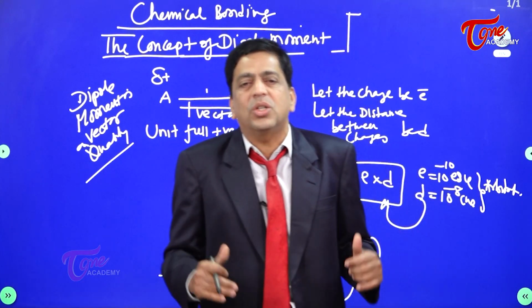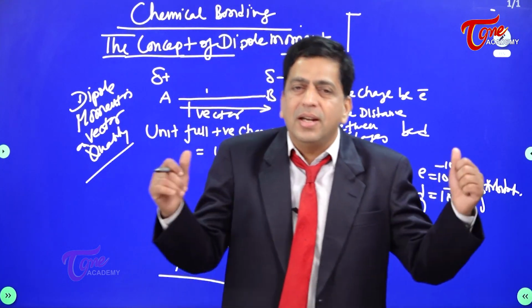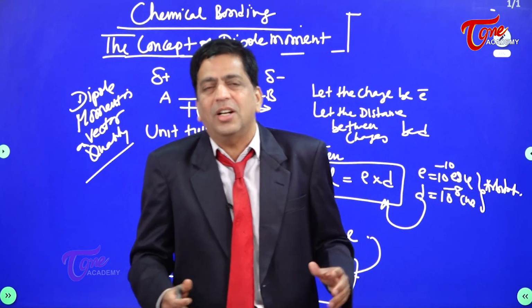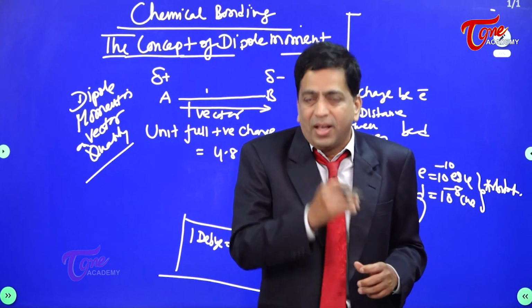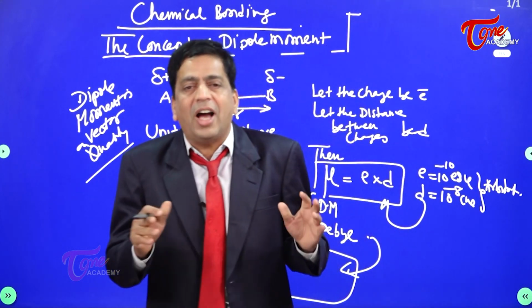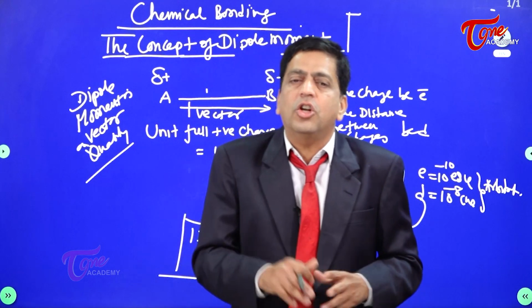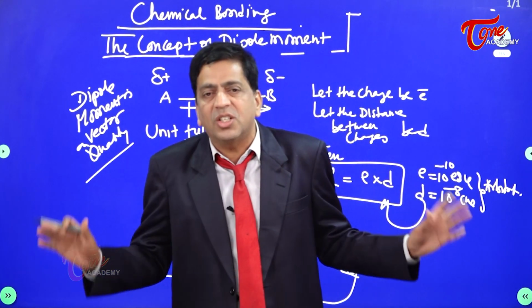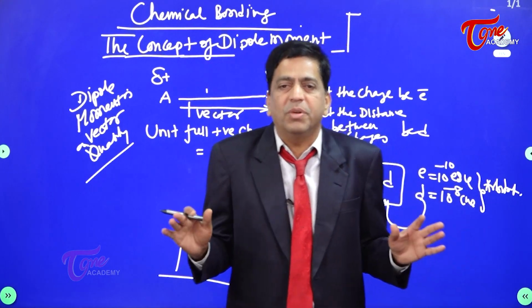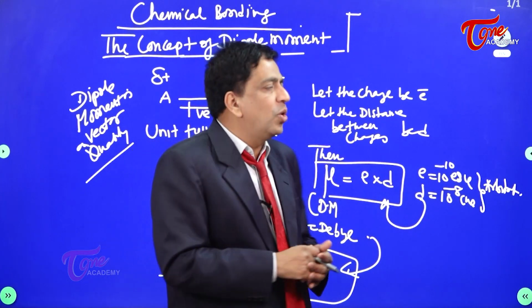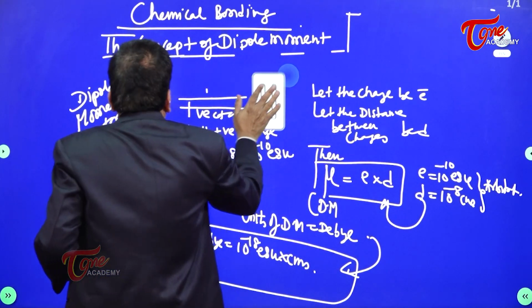I'm not telling you it is an ionic bond. It can never be an ionic bond. We are just speaking of induction of ionic character into a covalent bond. That's what we are speaking of. Right? So if that is the case, let us take application number 1.